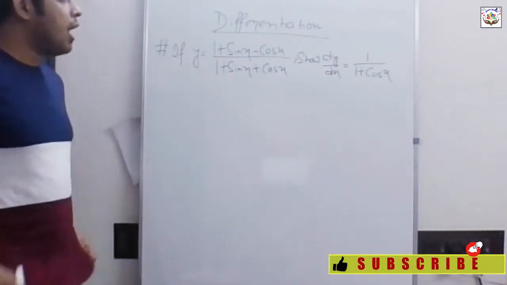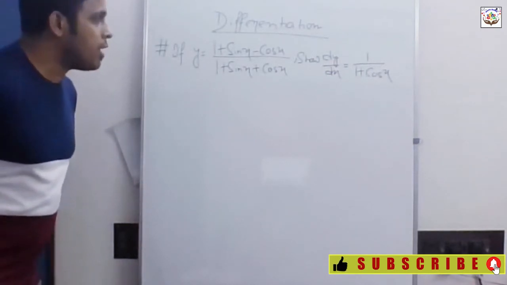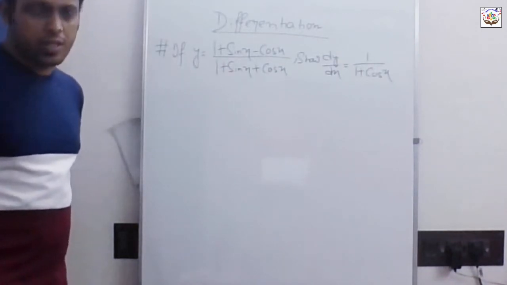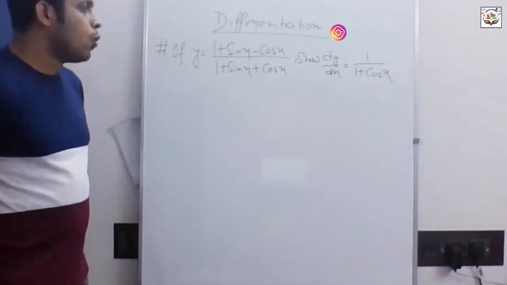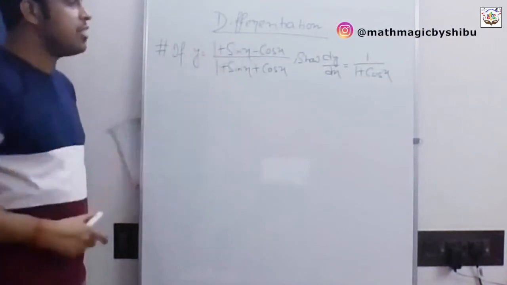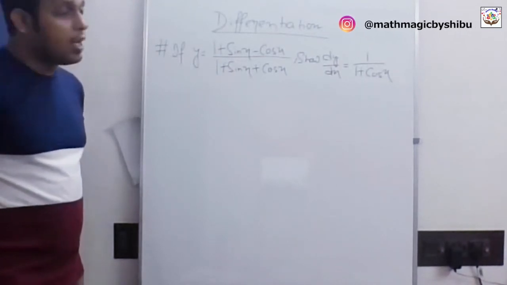Now as you can see, there is 1 plus sin x minus cos x divided by 1 plus sin x plus cos x. So we need to try to simplify this form. So what can be done?